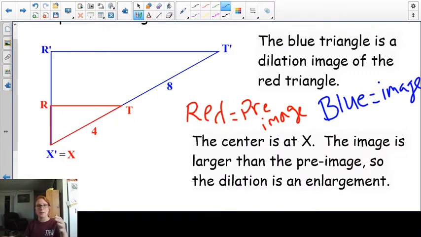Now remember, we said pre-image is the thing we started with, so the red thing is our first piece. The blue thing is what we changed it into. So in this case, we're centered at X. I can see that I'm lying on the exact same spot as I was before.